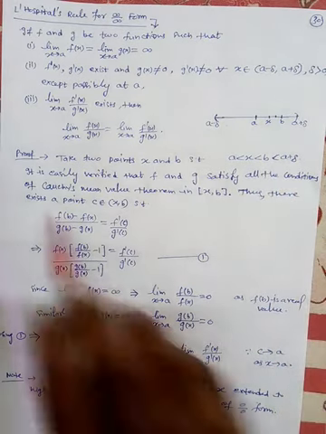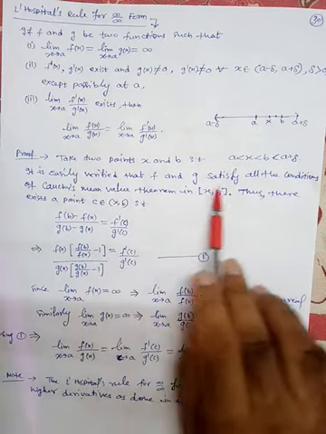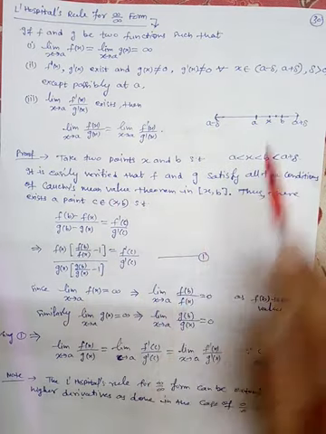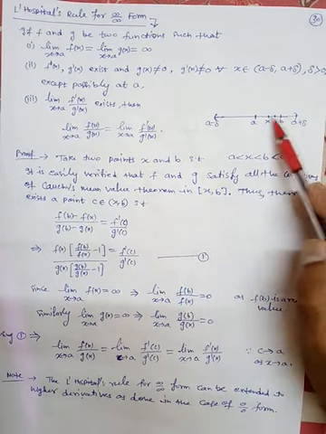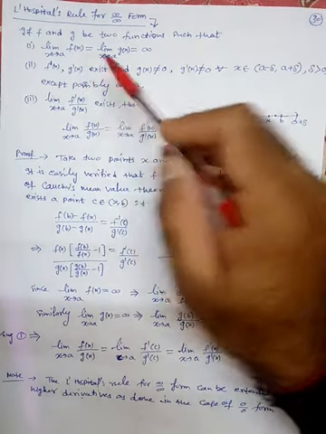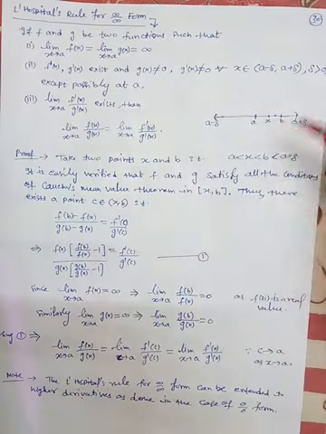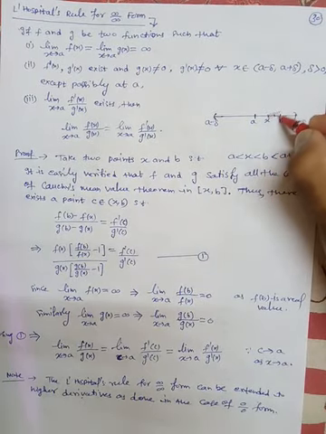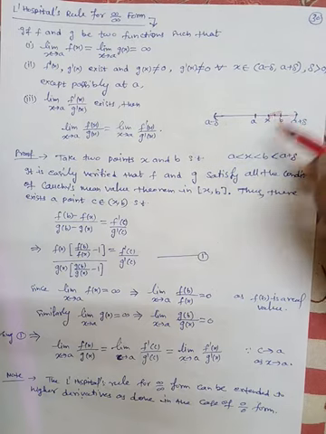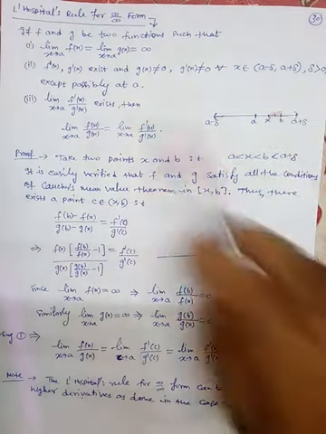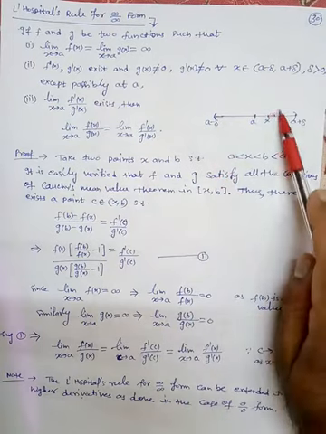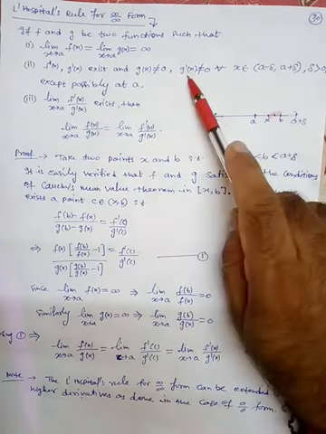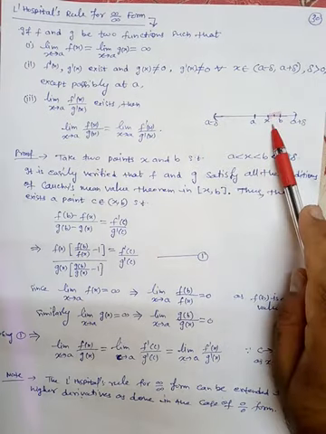It is easily verified that f and g satisfy all the conditions of Cauchy mean value theorem in x to b in this interval, because the function is infinite at a, however we have already avoided that. In the interval x to b, all the conditions are satisfied. That means the function is continuous here, derivable here, and g dash x is non-zero.